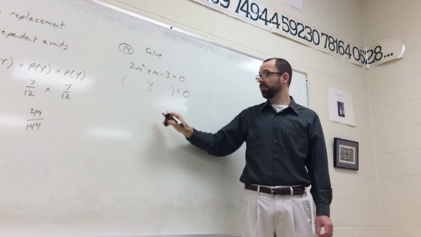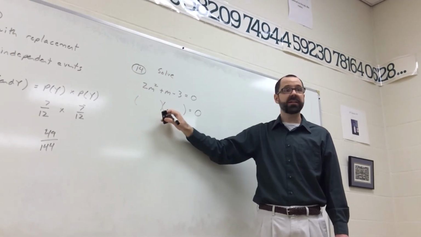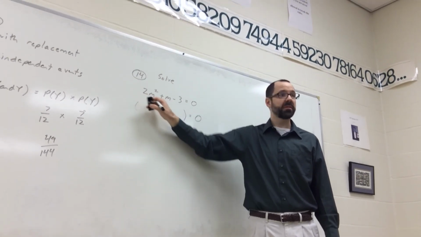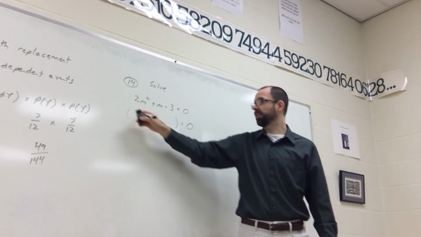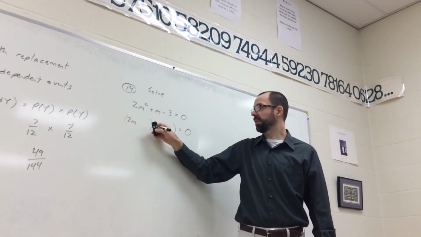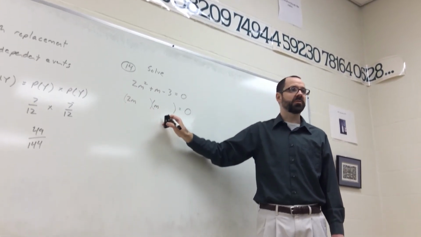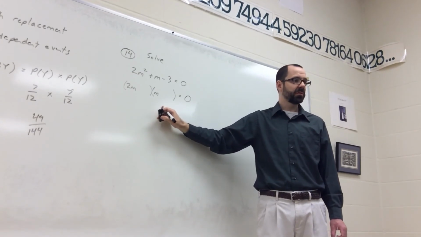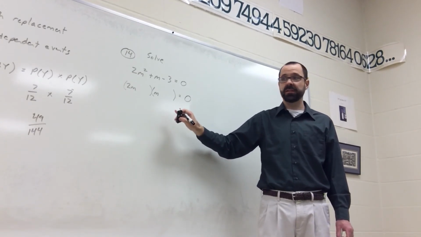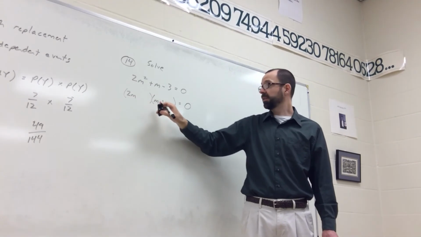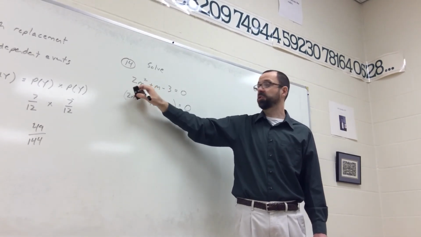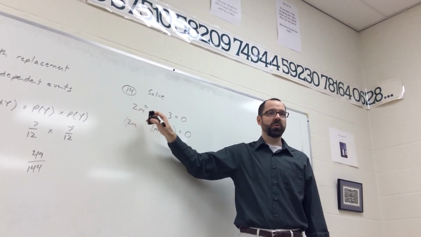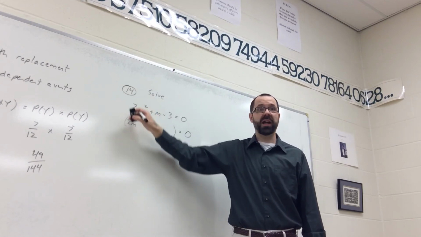And to start out, we need that times that to be this. So 2m and m is what we're going to put down. And the reason we did that is because 2m times m is 2m squared. So we've set it up so that this is going to work out.